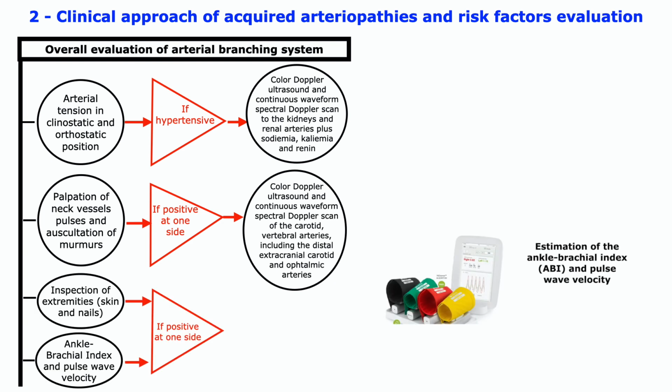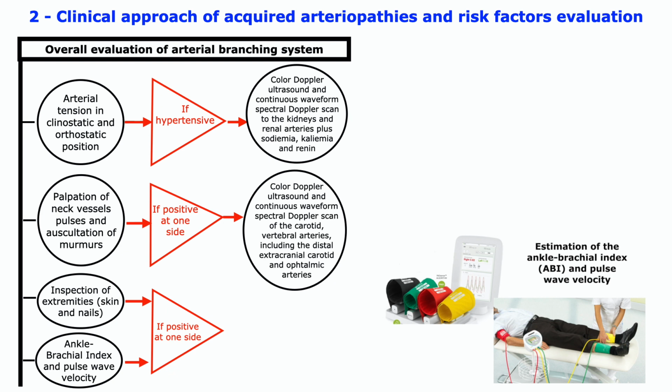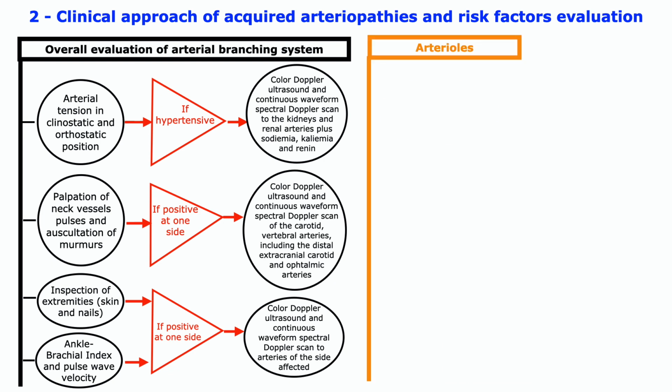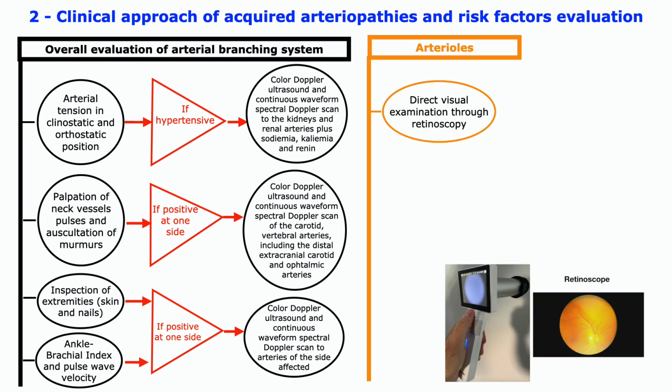The evaluation of the ankle-brachial index estimates the poor compliance of the overall arterial branching system through the pulse wave velocity, and the distal blood flow reduction on one side is to be properly investigated through color Doppler and continuous waveform spectral Doppler ultrasound scan. Arterioles are visible in the retinoscopy.